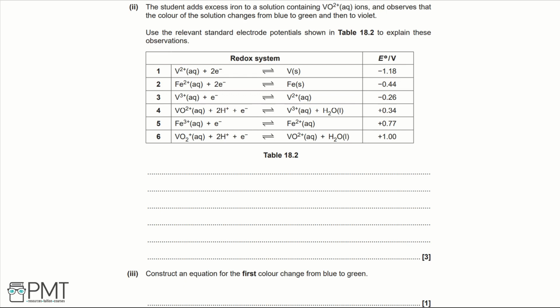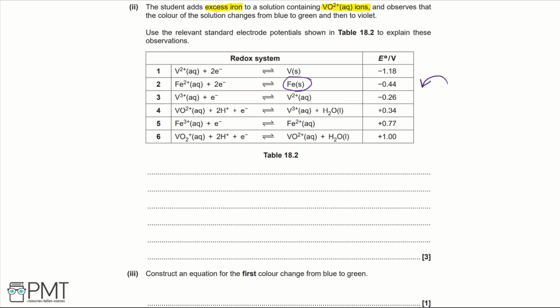Firstly, we're told that an excess of iron is added to a solution containing VO2+ aqueous ions. So we need to look at the redox systems, and we want the iron, so we want this equilibrium system to go backwards or shift to the left.